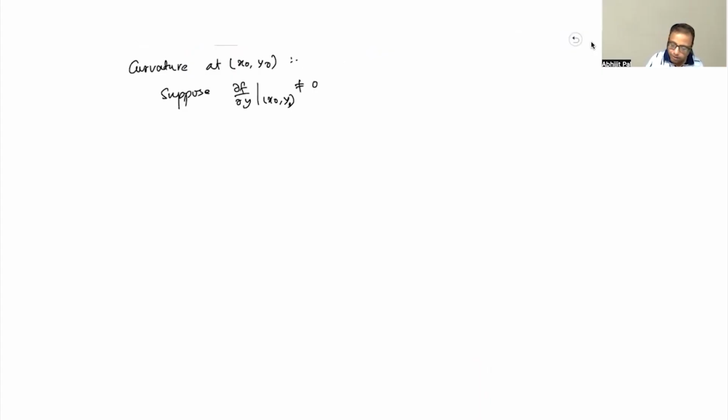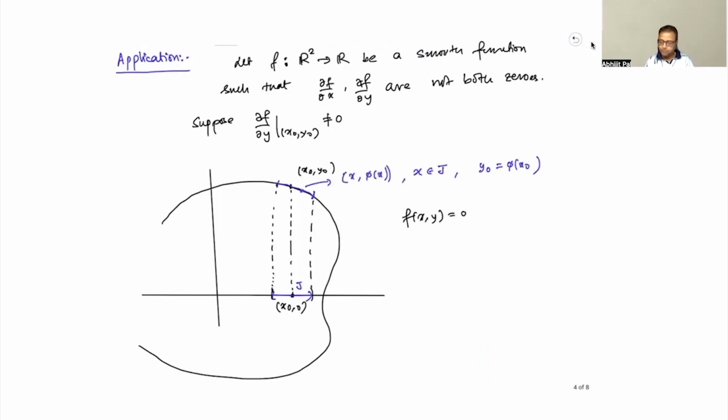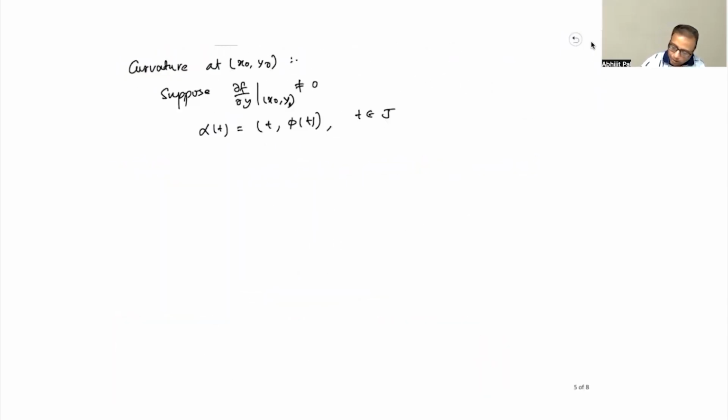So if you assume this, and now if I take this curve alpha(t) equal to (t, phi(t)), where t is varying in this interval J which contains the point x0, then f(t, phi(t)) will be equal to 0. So this alpha is a map from J to R2.